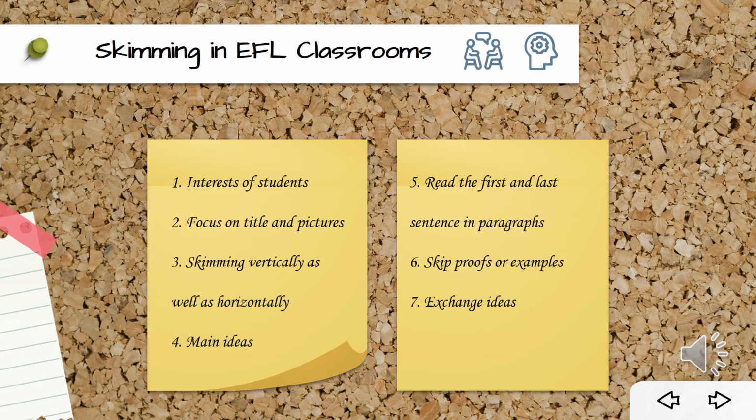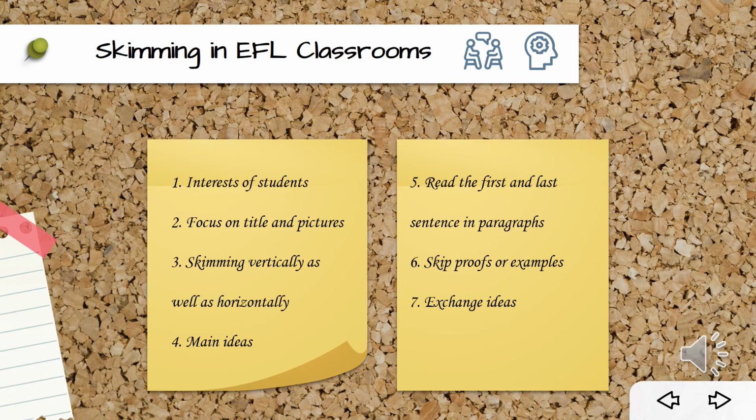Both are effective. Number four, detect main ideas of the text in the introductory paragraphs. This part usually expresses the main idea, argument, or goal of the reading. Number five, read the first and last sentence of each paragraph. This usually helps the reader to discover what follows in the paragraphs.